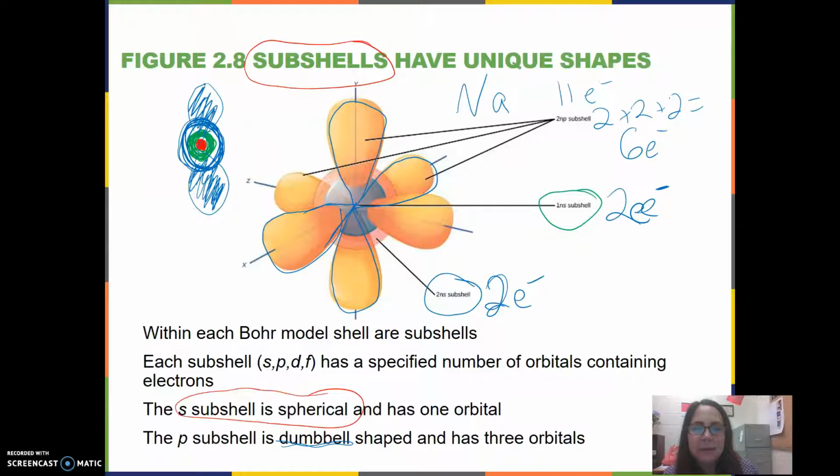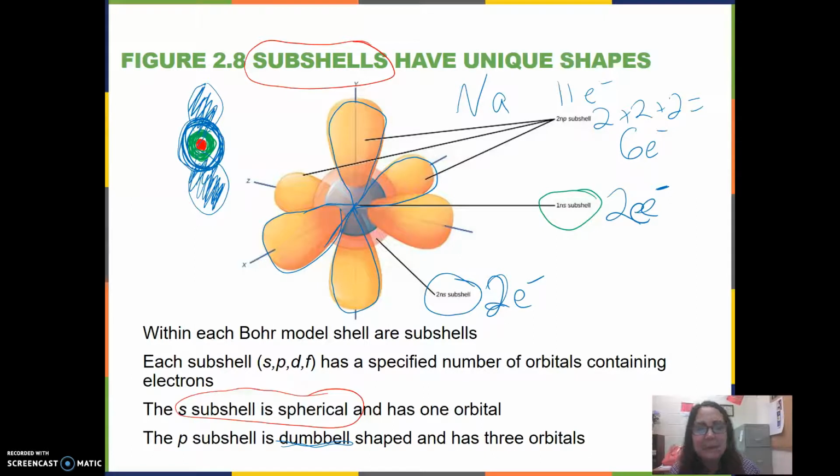So I try to simplify it in biology by just saying that you need to understand electrons don't orbit the nucleus like planets orbit the sun. You need to understand electrons move randomly about the nucleus, but that electrons also reside in energy levels.